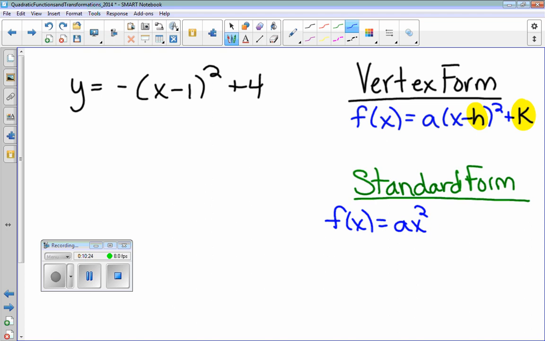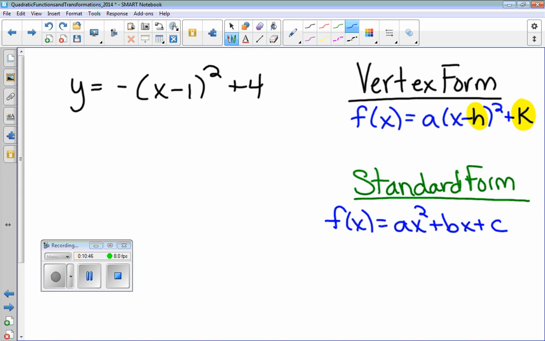Now, this is standard form. Okay, y equals ax squared plus bx plus c. Now, the a that's in front of the vertex form and the a that's in the standard form are actually the same a. It tells us how far it's been stretched.